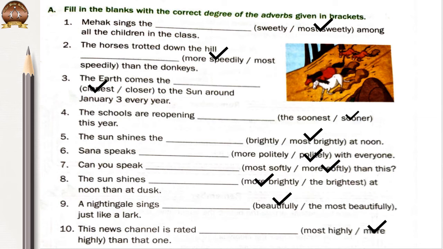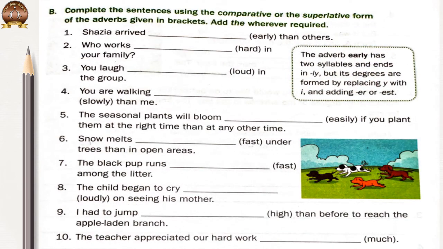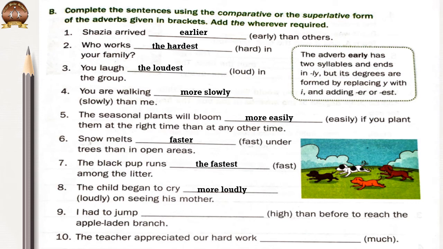When we are comparing many things and choosing the best or the worst, we use the superlative degree. And when there is no comparison, we use the positive degree. Here too, we have to fill in the comparative and superlative degrees. So we read the lines and see the comparison between two or more things, and then we choose the suitable degree. For example, Sazia arrived, then Darsi; this says the comparison is between two people.